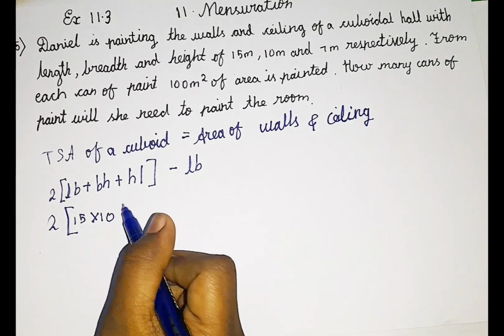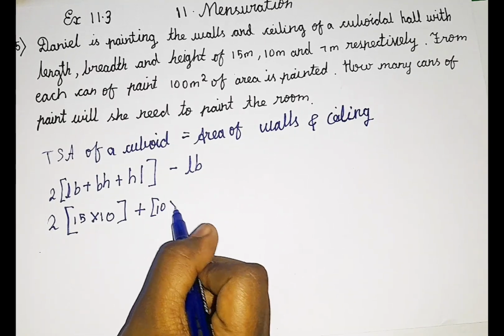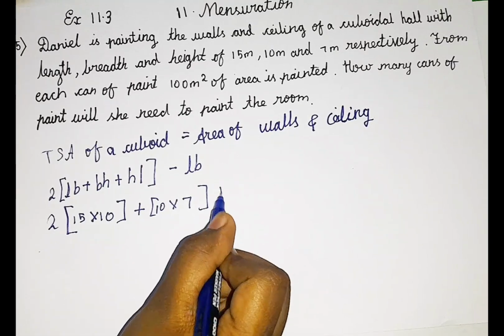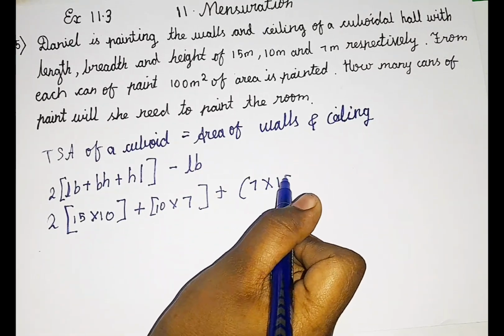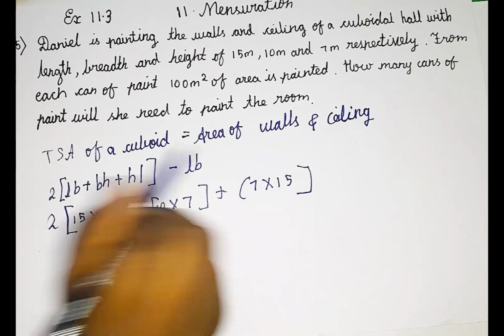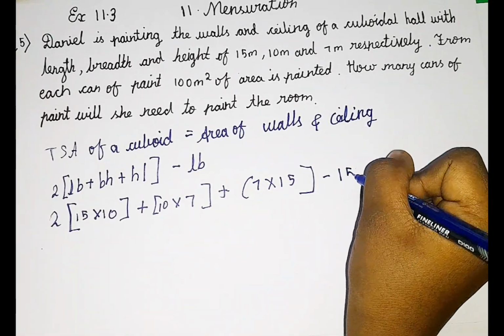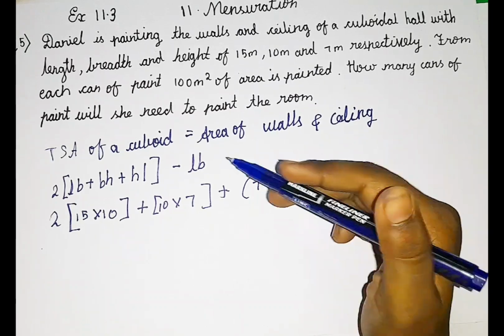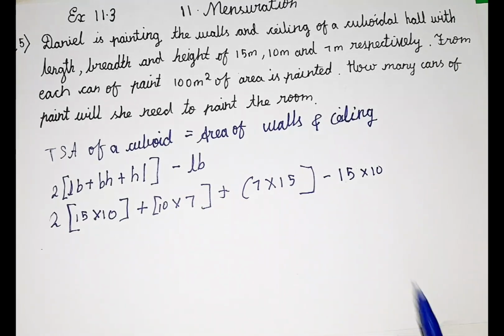So 10 plus 10 into 7 plus 7 into 15. So now we shall subtract it. Subtract means here minus 15 into 10 because LB means L into B. That's why 15 into 10.